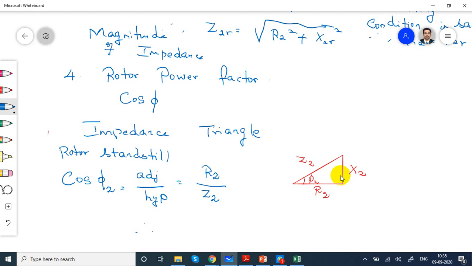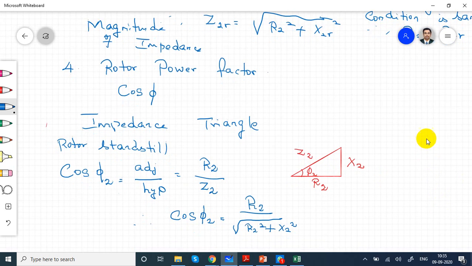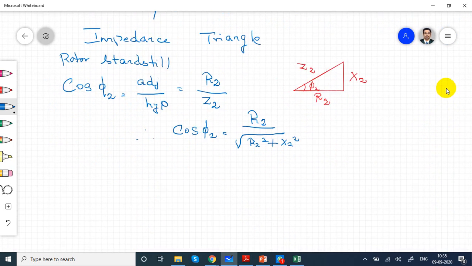So therefore cos phi 2 equal to R2 by what is the magnitude of impedance at a standstill condition? Square root of R2 square plus X2 square.